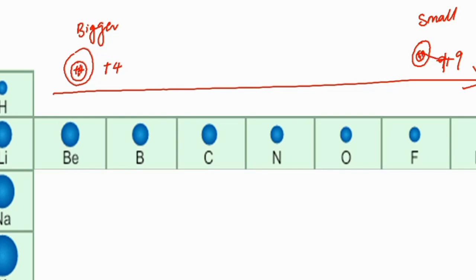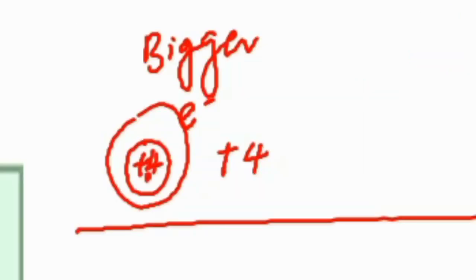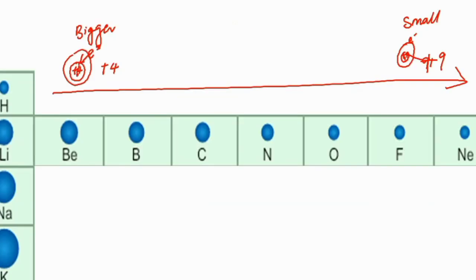So that means the nuclear charge, and remember that there are electrons at the outermost shell of an atom. Remember that there are electrons on the shells of an atom. These electrons are being drawn or attracted to the nucleus by the charges or the particles present in the nucleus.